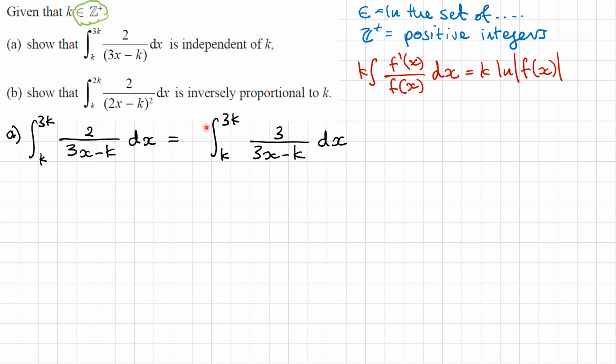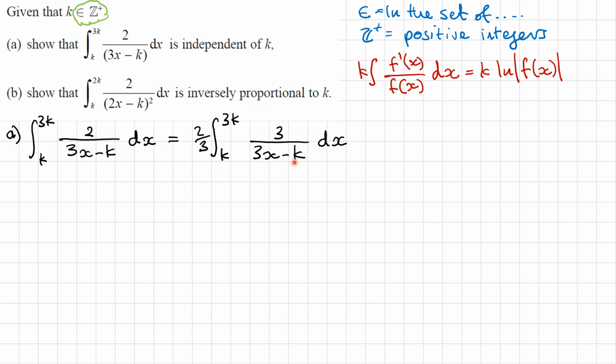But I can put a constant over here, some number, to make sure that all of this altogether is worth the same as this. Now to make that happen, if I put 2/3 here, this has exactly the same value as this, because if I do 2/3 times 3, it becomes 2. So these are worth exactly the same thing.